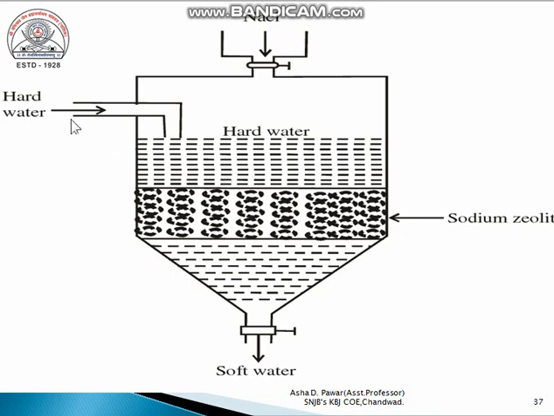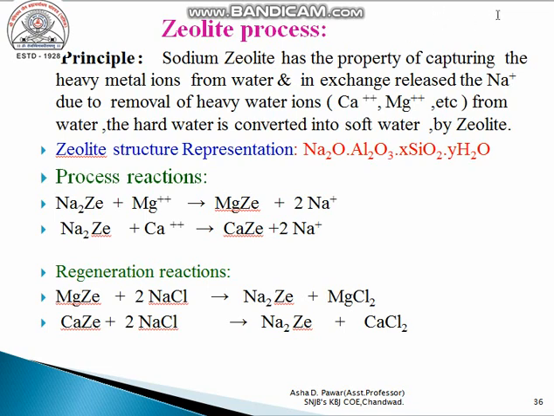Once the hard water percolates through it, sodium zeolite has a natural tendency to capture the heavy metal ions like calcium and magnesium present in water, and in exchange the zeolite releases sodium ions in water. This reaction takes place during the purification of water. That is, sodium zeolite captures magnesium and releases sodium ion. Suppose water contains calcium, then sodium zeolite captures calcium ions and releases sodium ion in water.